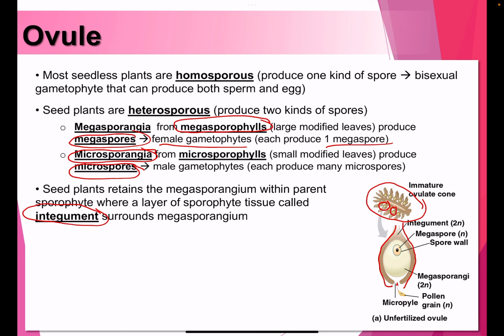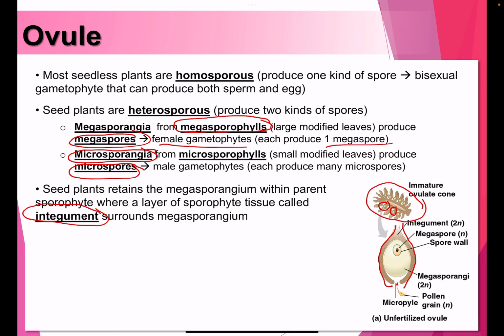And again, with humans, we call our skin our integumentary system. So again, going back to the same word, integument, meaning a layer that surrounds the megasporangium. It's just the outer layer that protects it, just like how our human skin protects our body.